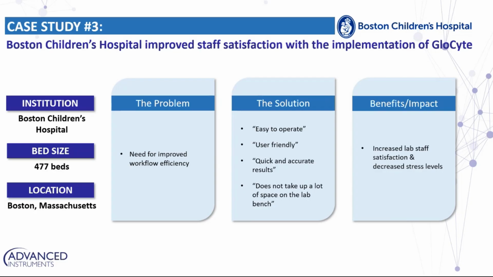They have a standardized workflow when it comes to the GloCyte where it just takes the guesswork out of everything, and it makes them feel a lot more at ease when it comes to these CSF samples that come in. So really, it came back to lab satisfaction and decreased stress levels. I know that's hard to measure, but in this case, they speak glowingly of the GloCyte and continue to use it on an everyday basis for all CSF samples that come to their lab.